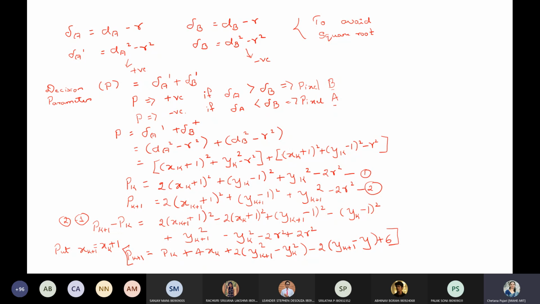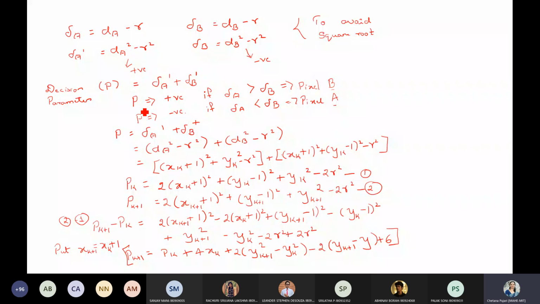So what we did so far, we have represented the distance between the point and the center of the circle as dA, and the distance between the boundary and the point as delta A, and similarly dB and delta B. And then we are calculating the decision parameter in terms of delta A naught and delta B naught, because we want to avoid the square root, hence we did the square.